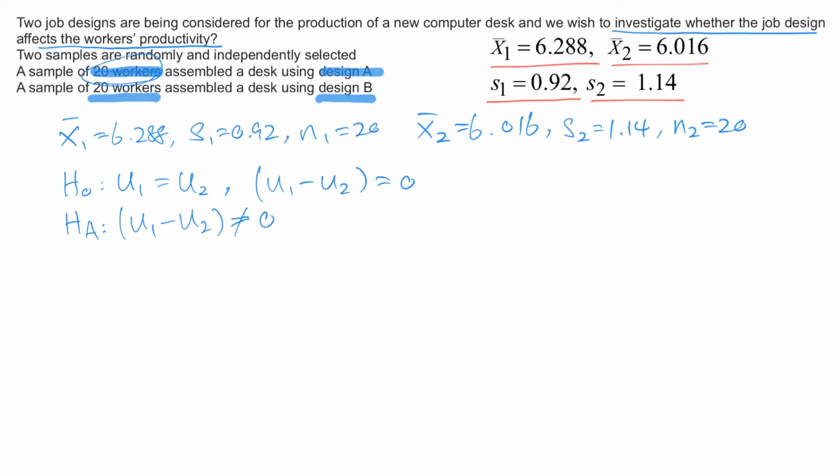Next, in our third step, we need to set out and state our test statistic and any assumptions that we're making.